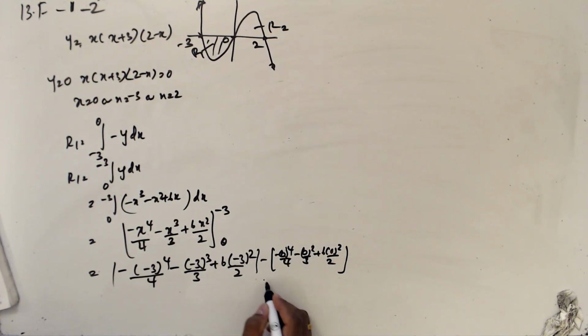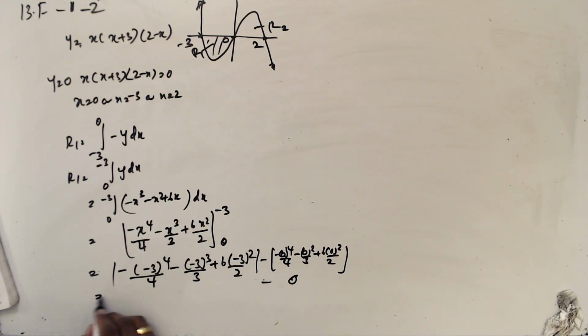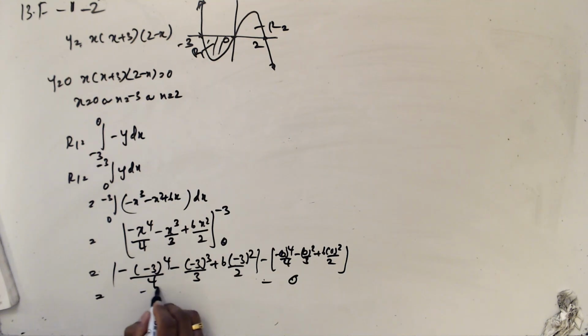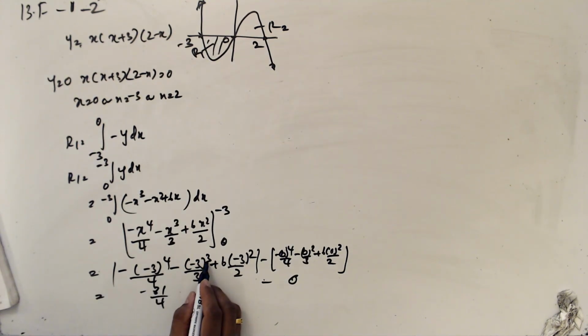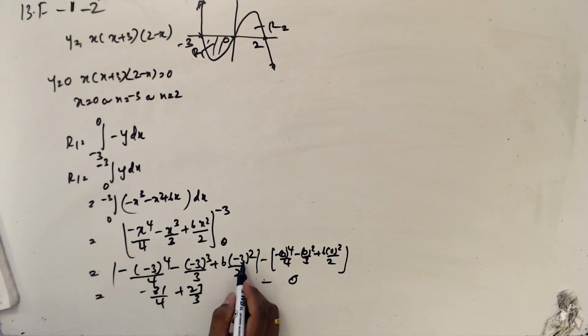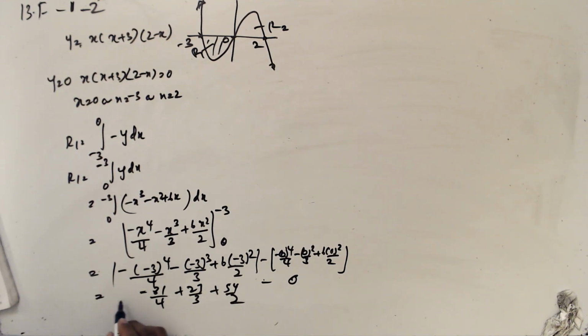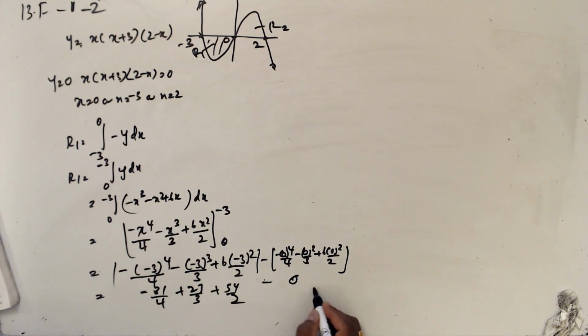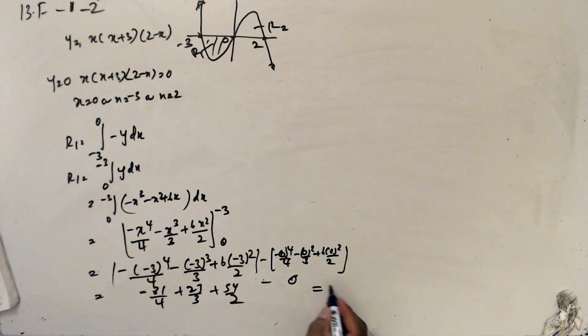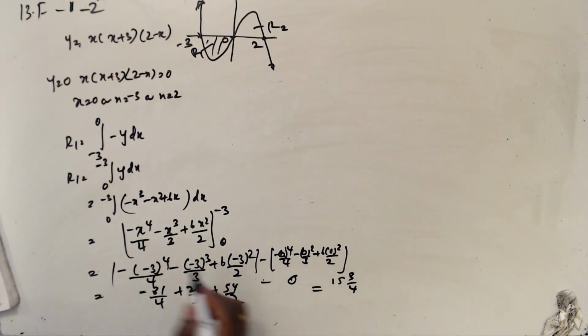So this part is going to be 0, and we have to calculate this one. This is 81 over 4, minus 27 plus 27 over 3, and 54 over 2. So when you simplify this one, you may get 15 3/4. That is R1.